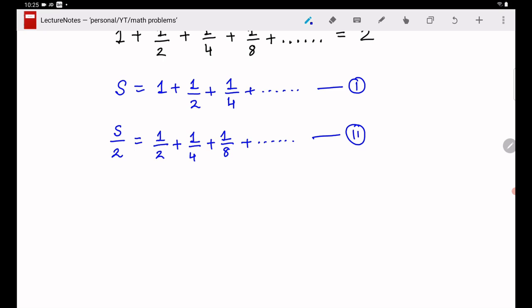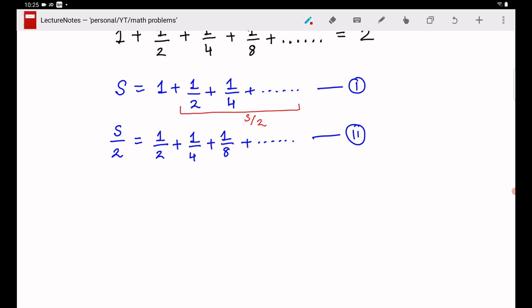Notice something strange? This is almost the same series. The original series contains a smaller copy of itself. So basically this part of the original series is same as the value of S by 2 that we obtained from the second equation.